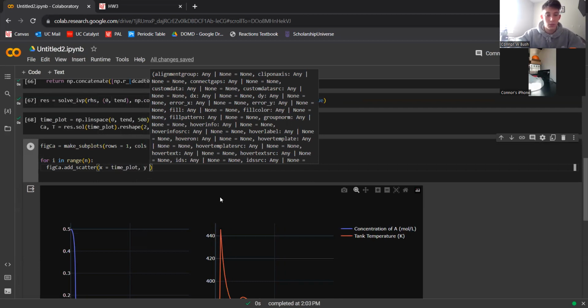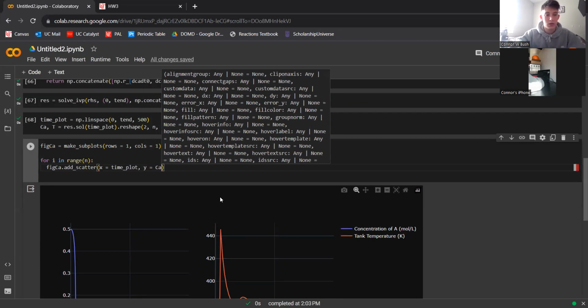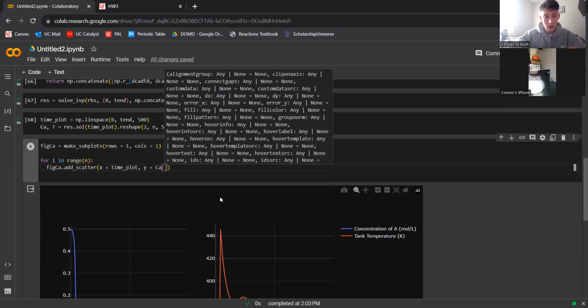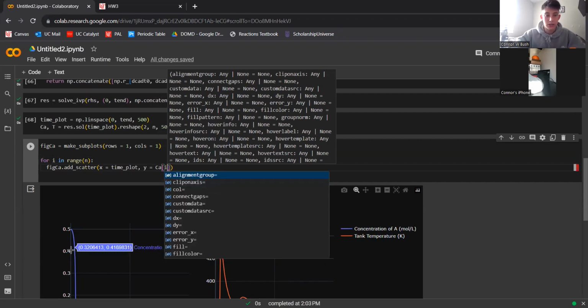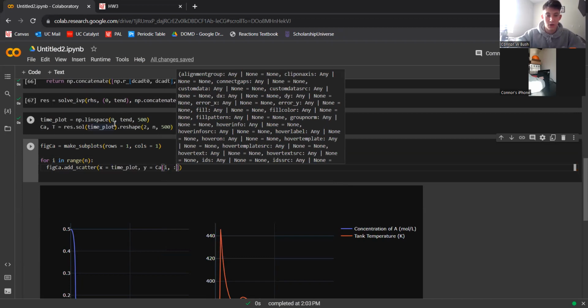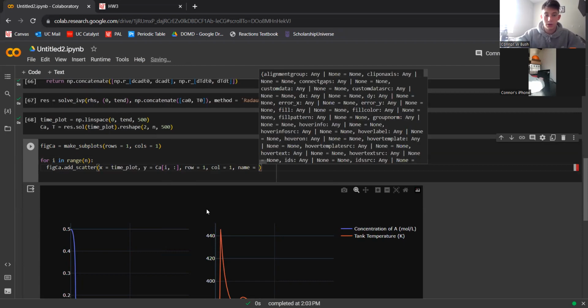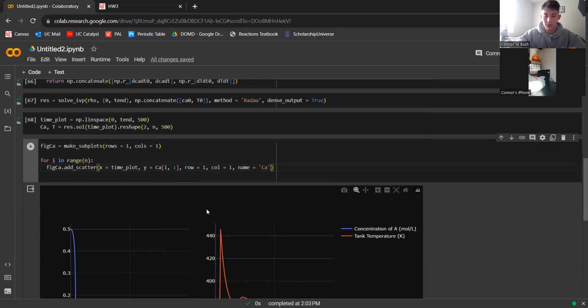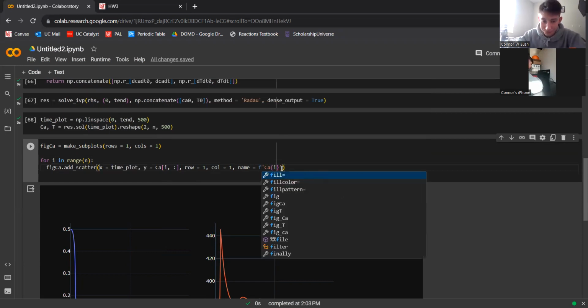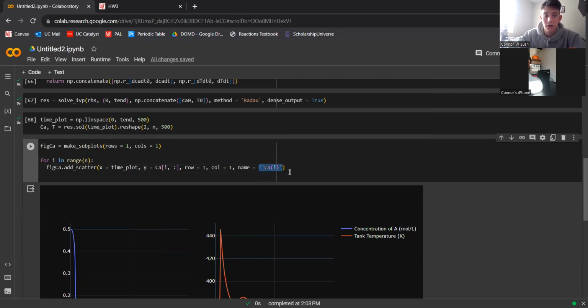And then our y is going to be this array, each index i for all values. So I'm going to leave that as a colon. It's going to be row 1, column 1, and then we can name each point CA. And then if we use these brackets and this f, this is the sort of syntax we can use.